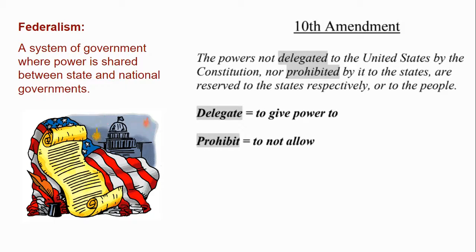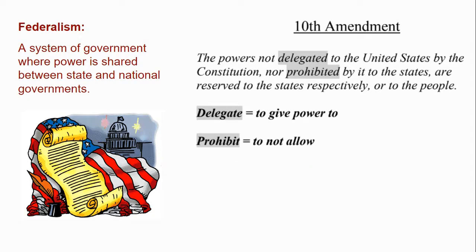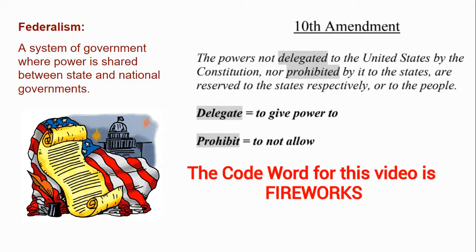They had no idea that someday we would be flying on planes, that we would be using the internet. There's a whole bunch of things that are part of our society today that they just could not have anticipated or known that they were going to happen. So the Constitution is not super detailed because it couldn't be. They had no idea what the future would hold.